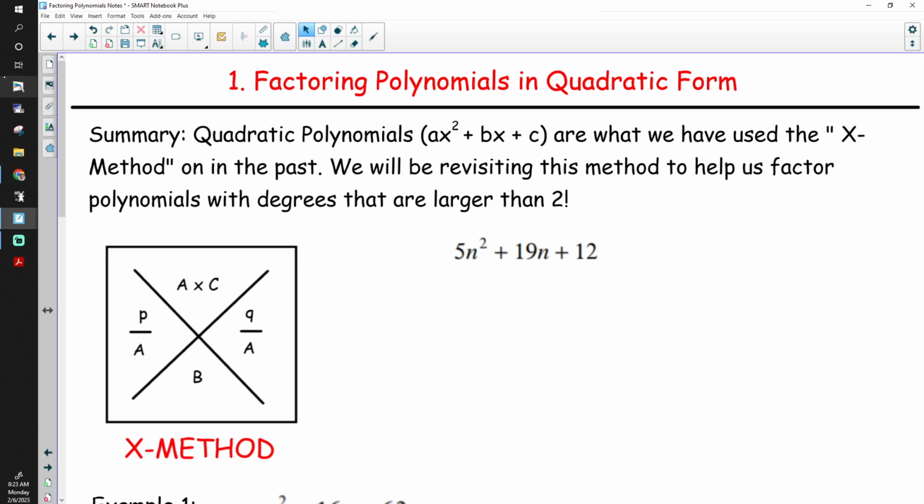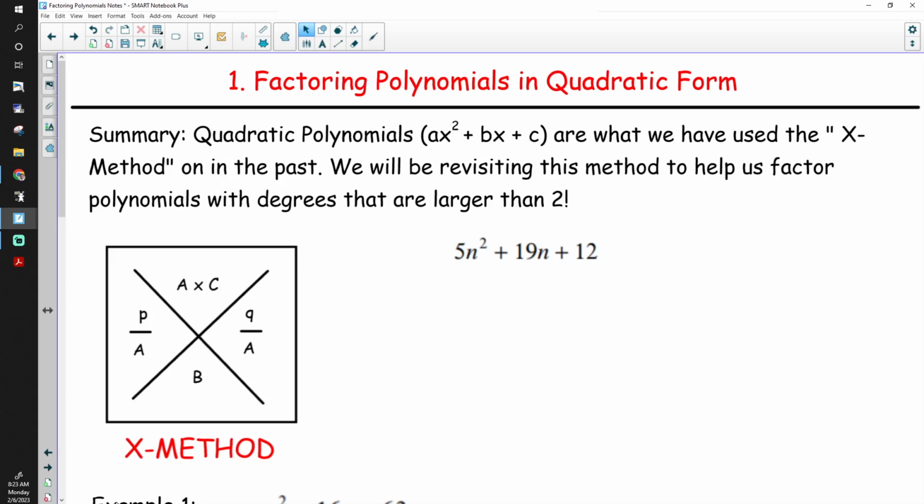Now this is, for the most part, a review. The big thing to know here is the x method: the a times c on the top, the b on the bottom, and then we find our factors on the sides. This is from earlier in the year. We can use the x method whenever there are 3 terms.